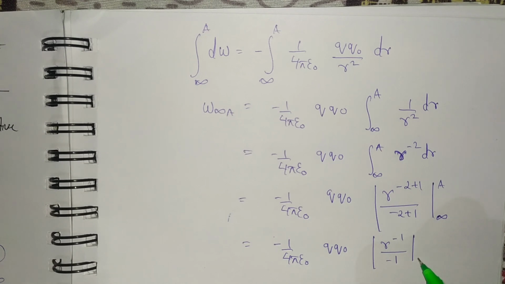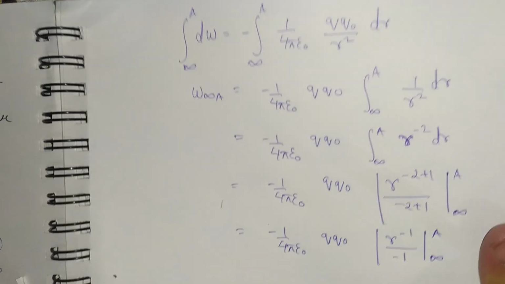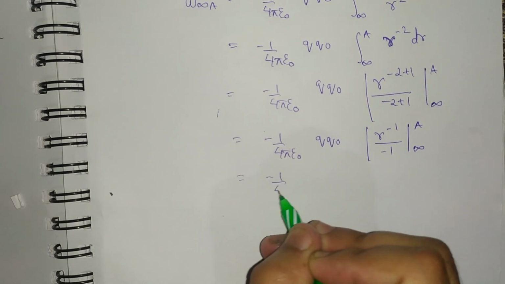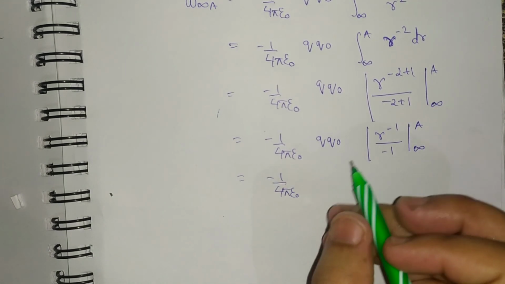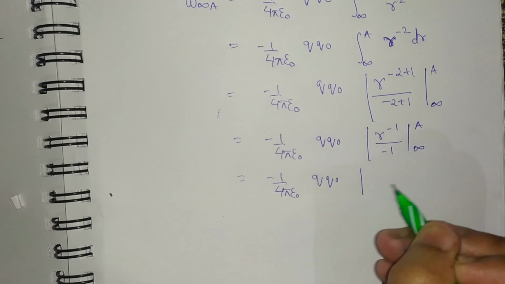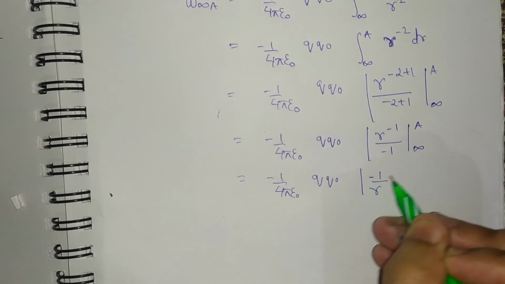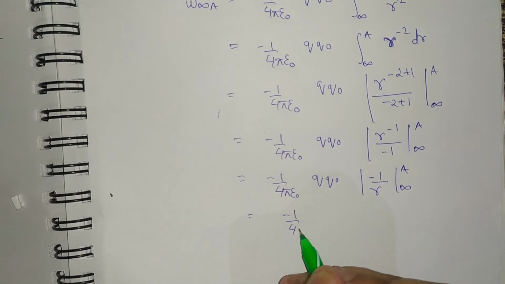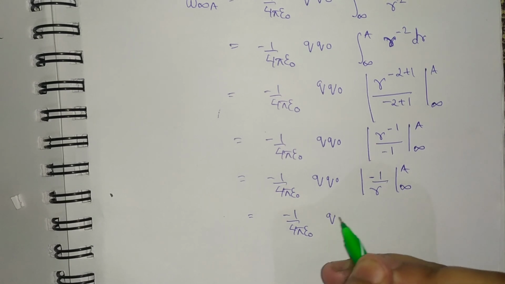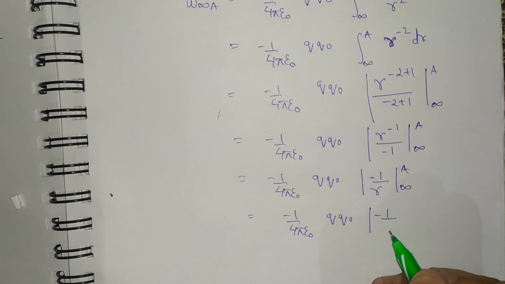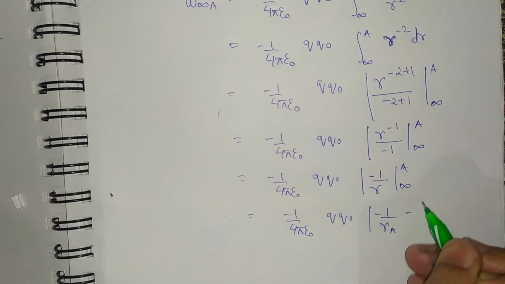Now we are going to solve for the limit. Watch this carefully, this is a very important topic for class 12 students, and a lot of questions are asked from this topic. So we are placing the limit, and this becomes 1 upon r from infinity to the point A. Now 1 upon 4 pi epsilon naught q naught, from the upper limit we put minus the lower limit.